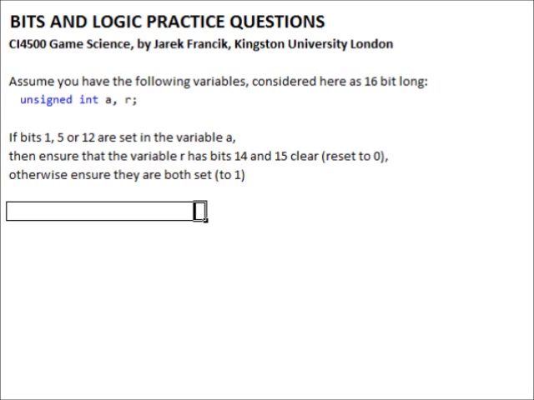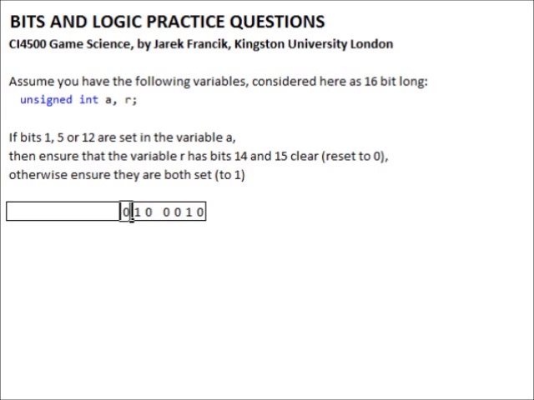Bit number 0 is none of the bits we want to test, so it will get 0. Bit number 1 is one of the tested bits, so it gets 1. Bit number 2, no. Bit number 3, no. Bit number 4, no. Bit number 5 is again one of the tested ones, so it's 1.